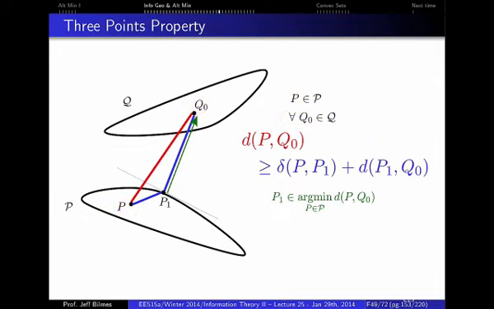And it's saying that the red distance, or the red quasi-value, whatever you want to call it, has to be greater than this quasi-value plus this quasi-value.